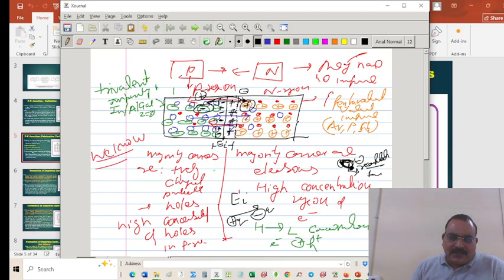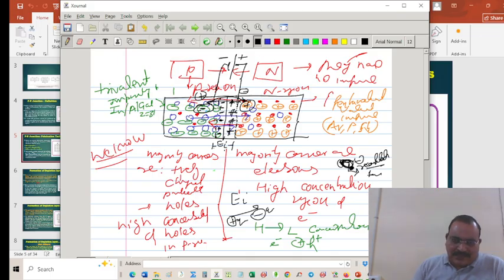If there is some distance, there is also development of a potential difference across this region: positive potential on one side, negative potential on the other.